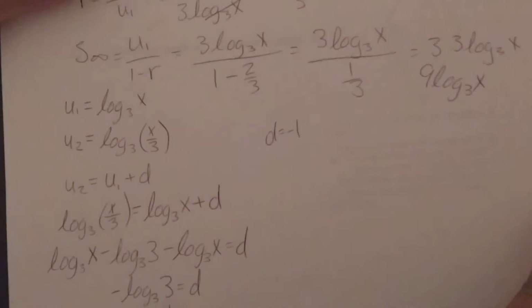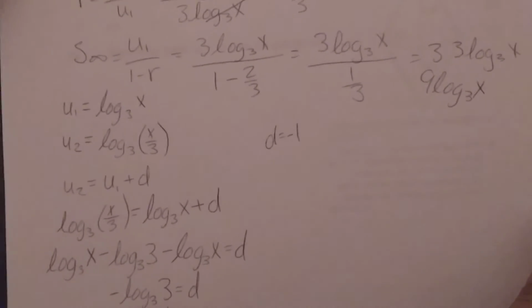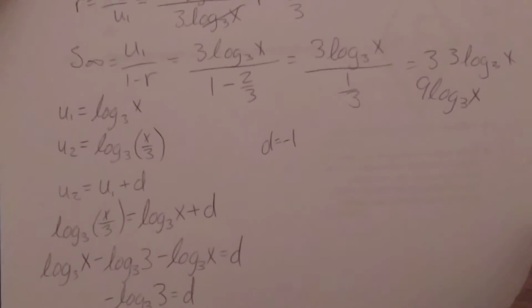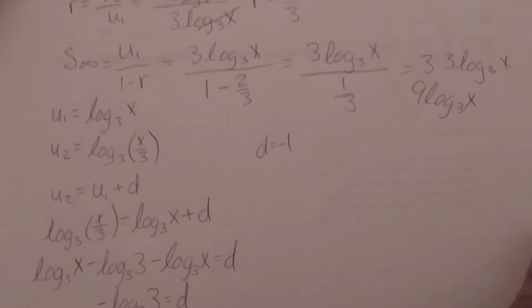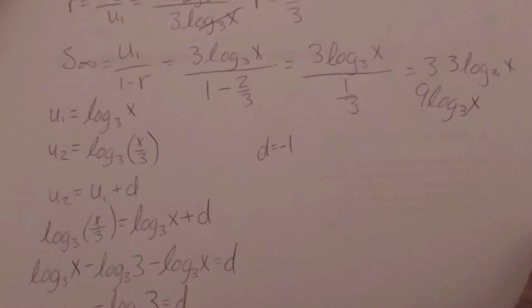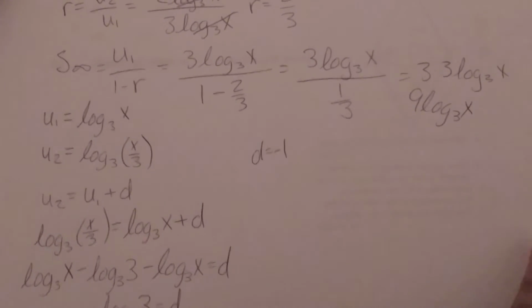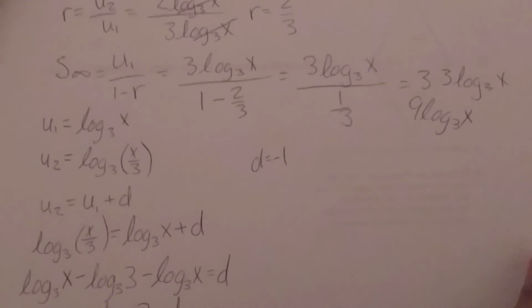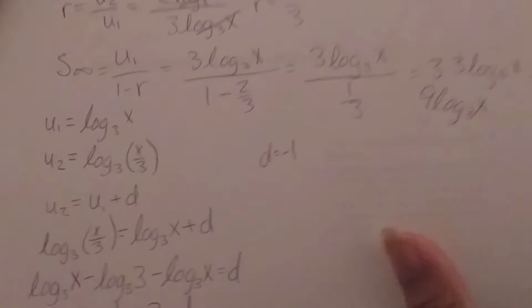Okay. So then the next part says let S sub 6 be the sum of the first 6 terms in the arithmetic sequence. We need to show that S sub 6 is equal to 6 log base 3 of x minus 15.